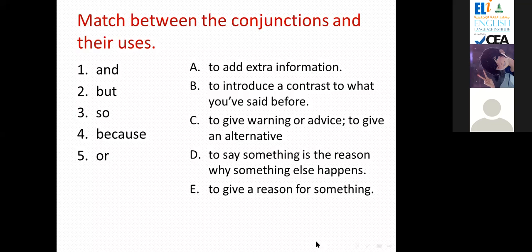And, to add extra information. But, excellent, to introduce a contrast to what you have said before. 3, so.